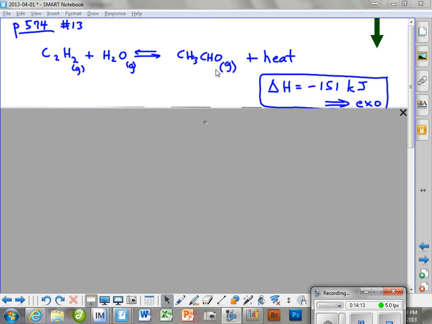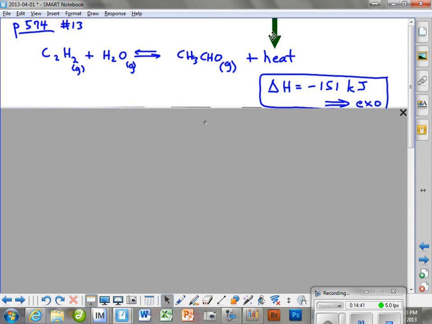So for this product, we want to try to add heat. We've got heat, and we weren't given heat where it was. We were given the heat in these terms right here, which is why I did that first little sheet that is in this video. When delta H is negative, that means we have an exothermic reaction.